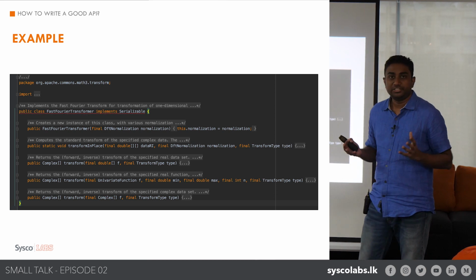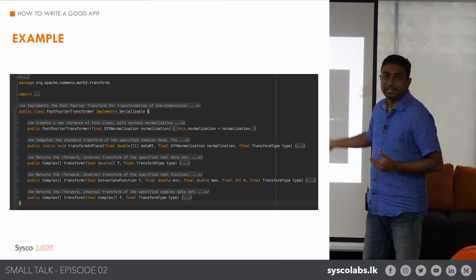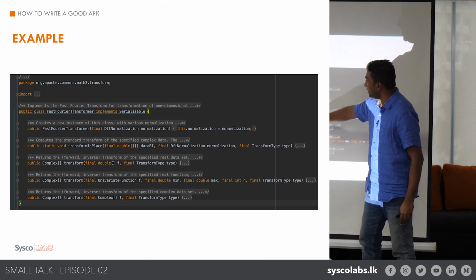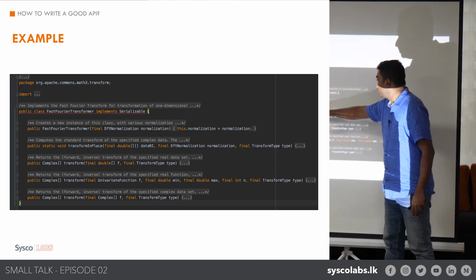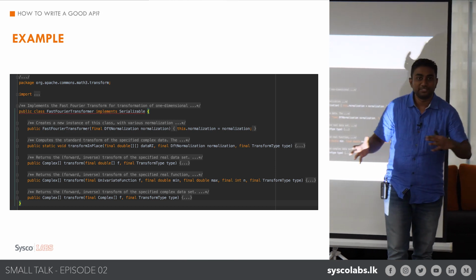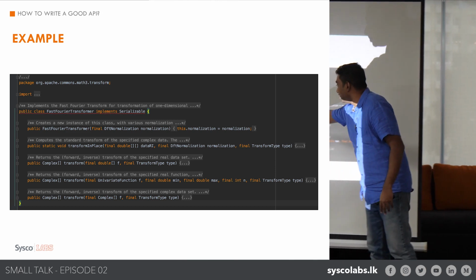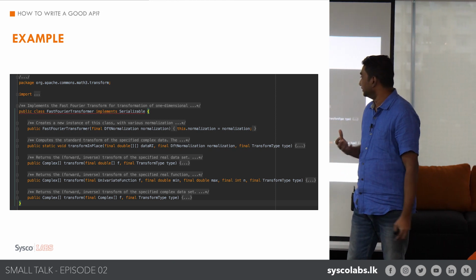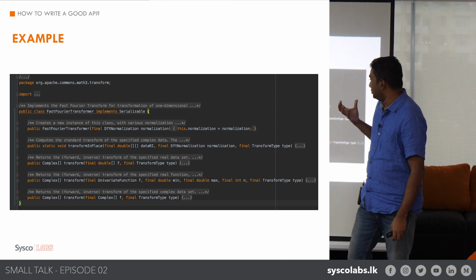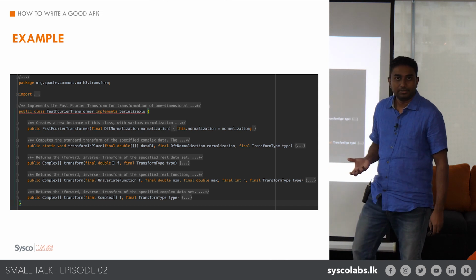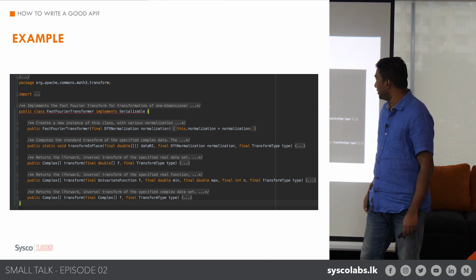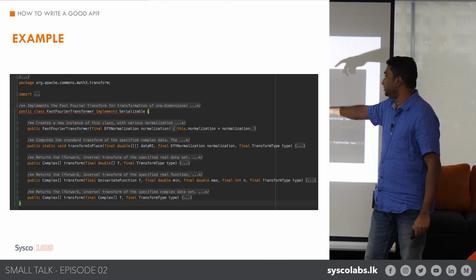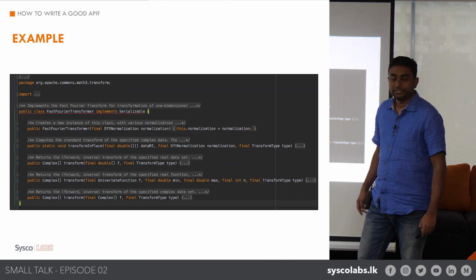And the abstraction this utility provides is the functionality of transformation. As you can see, the class name is fast Fourier transform, and the methods are not process or manage, the methods are transform. It provides a clean action, it's very natural. So that's what I want to explain on these two points, simplicity and the abstraction being the transform function.